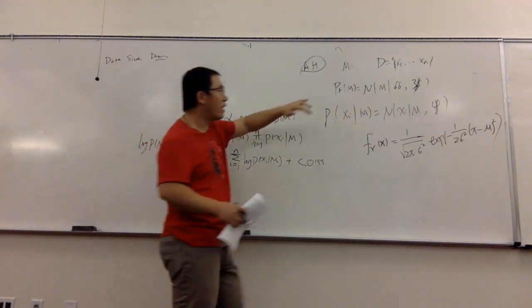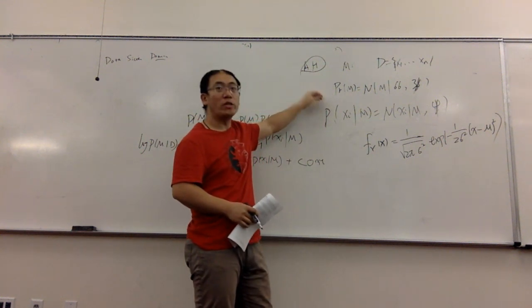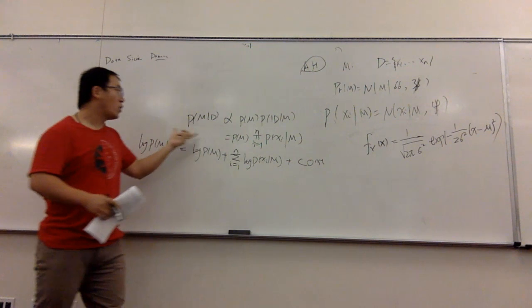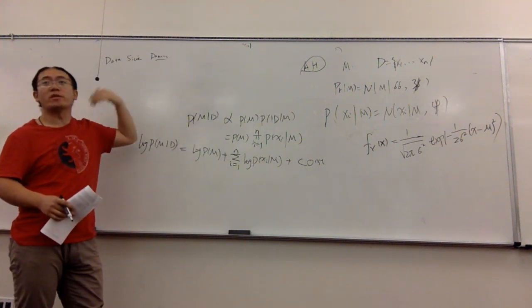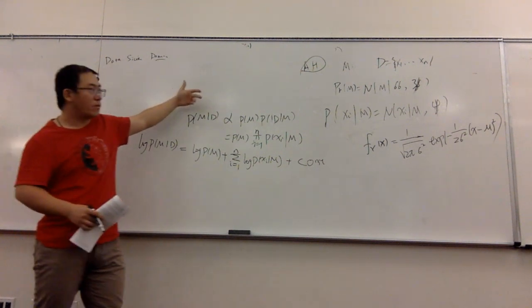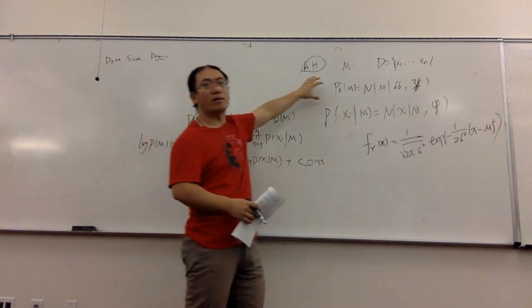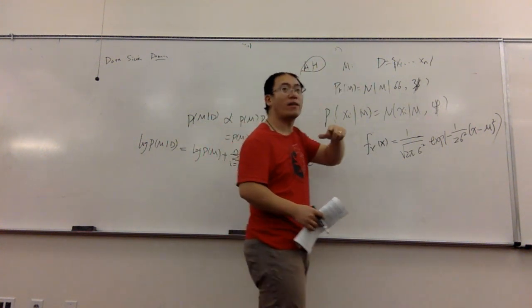There could be a set of settings for the prior and the likelihood which give a tractable posterior distribution. This is usually referred to as a conjugate family. But we won't cover this concept of conjugation. But you're right.